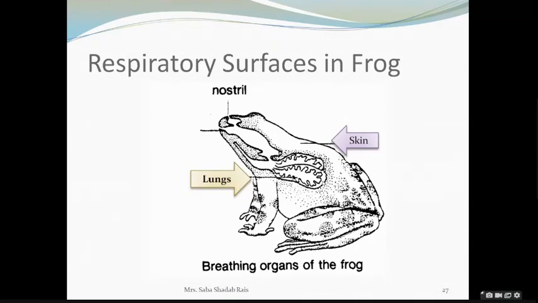The main respiratory organ on which the frog relies is the lining of the mouth. The lining of the mouth, as I told you, is the prime respiratory surface which the frog depends on. These two are supplementary.